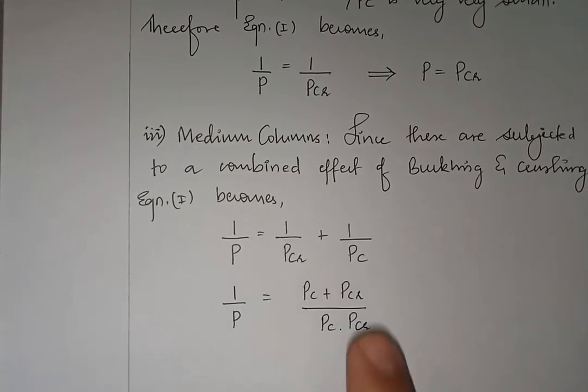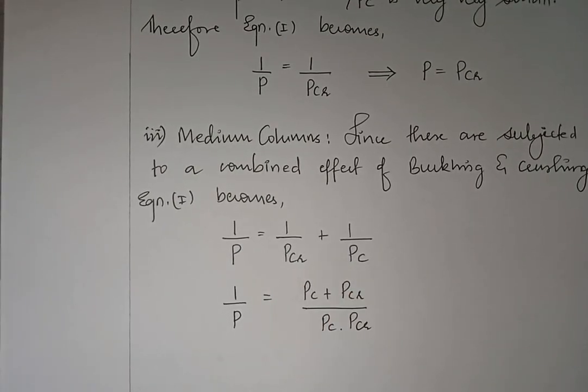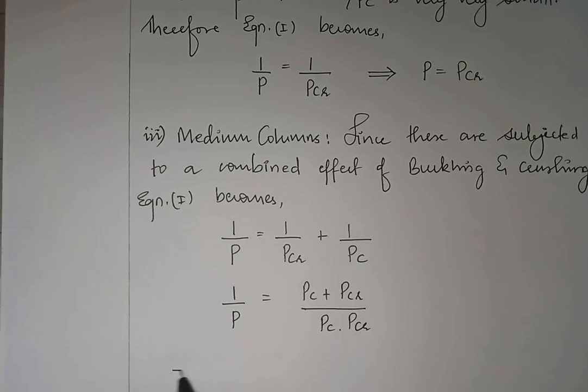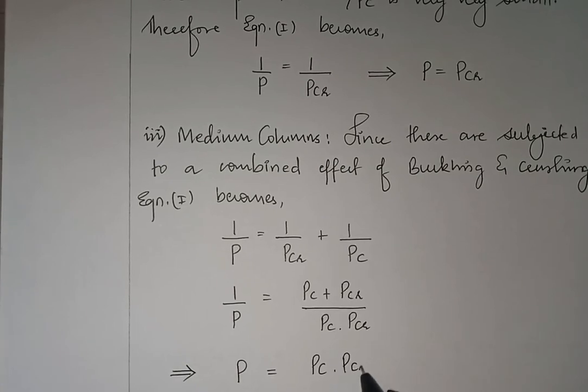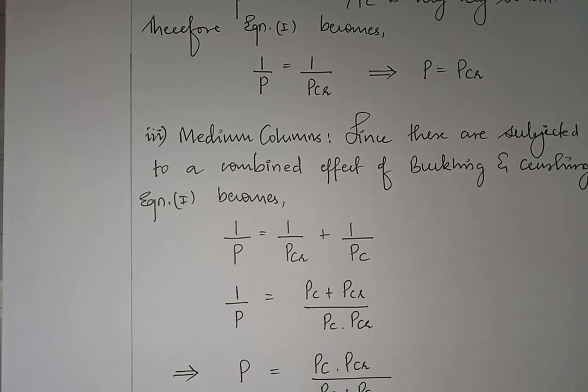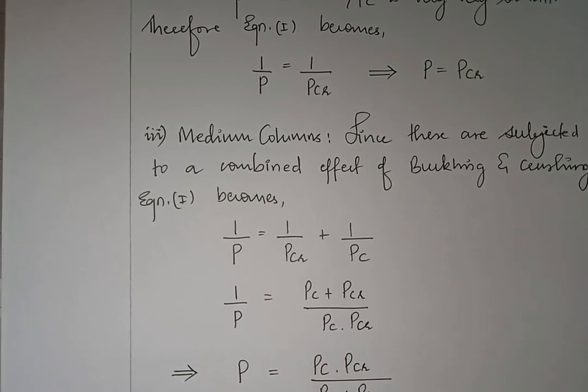Right? I have taken the LCM. Taking the reciprocal of this, P is equal to PC into PCR divided by PC plus PCR. Right? So this is what I am getting.